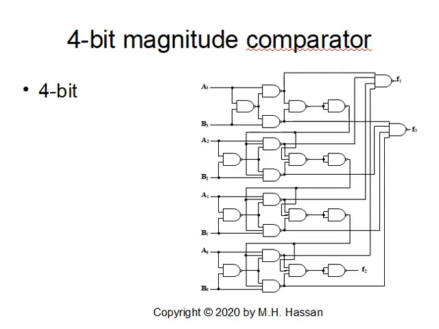A 4-bit binary comparator: we know that 4 NAND gates with an inverter here will give me the equality sign for the digits A3 and B3.